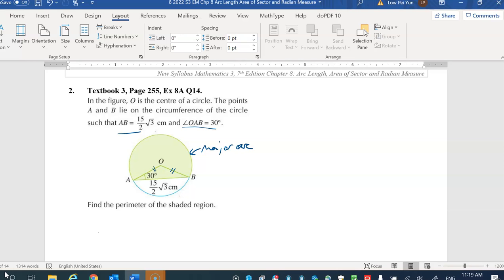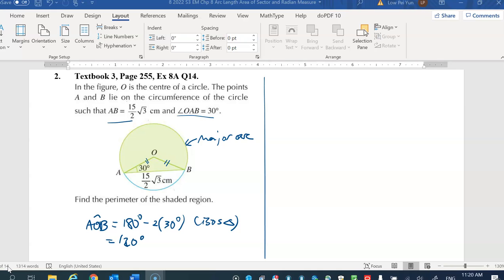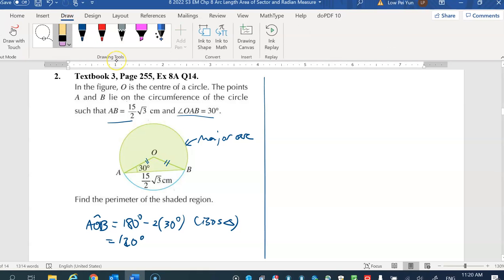Okay, so angle AOB is equals to 180 minus twice of my 30, which gives me 120 degrees. So this is isosceles triangle. Okay, pause here first. So in order to find any information about the circle, for example, circumference and area of circle, we definitely need to find the radius. We need to know how long is the radius.